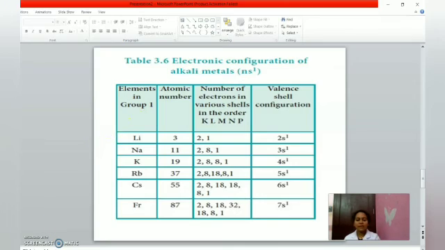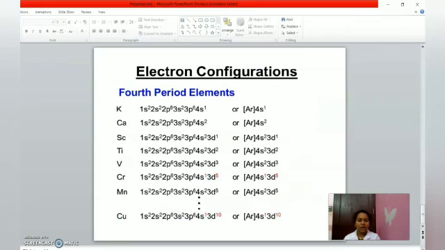So what will it be in a period? Let's check with period. This is the fourth period elements. Here you can see the configuration. Check which is the highest principal quantum number here.